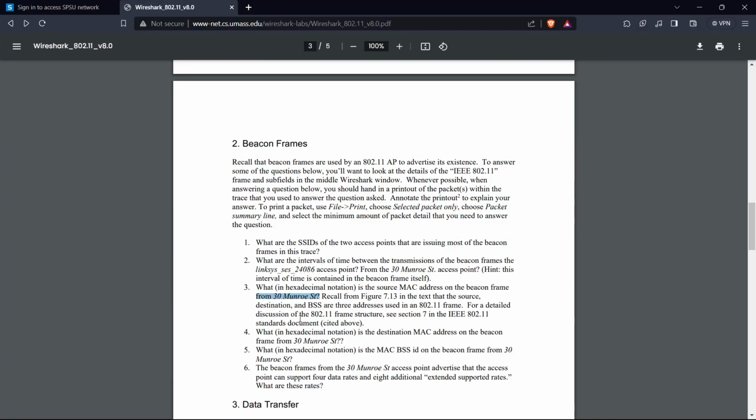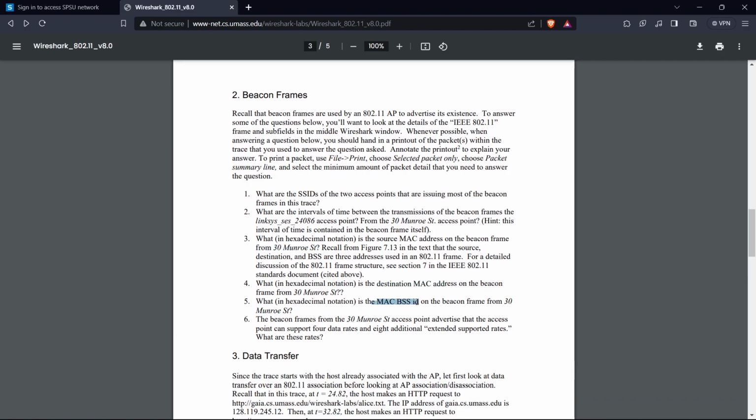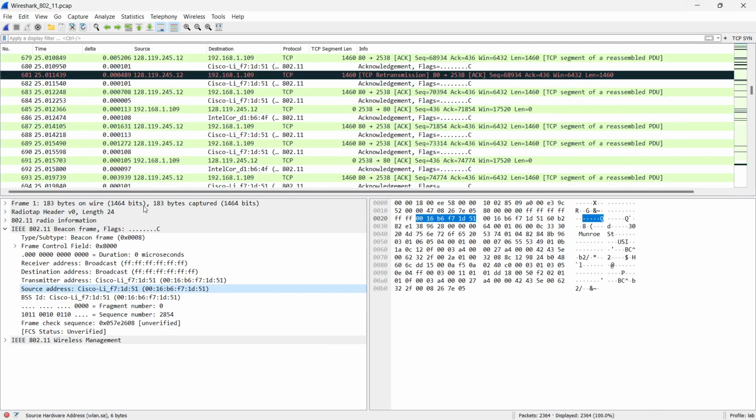The next questions are, what is the destination address, and what is the BSSID? The answers to the second, fourth, and fifth questions are also here. This is the BSSID and this is the destination address. These are all the answers.